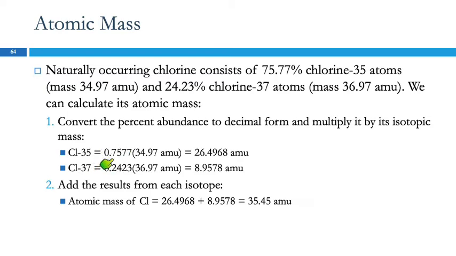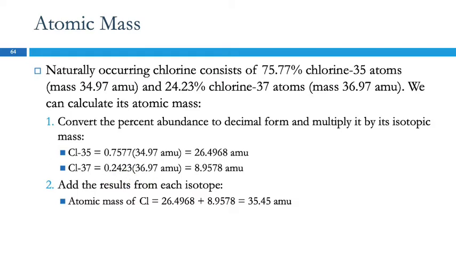So 75.77 out of 100 are going to have this mass. So 0.7577 times the mass of that isotope gives us this contribution. 24.23 out of 100, or 0.2423, have this mass.